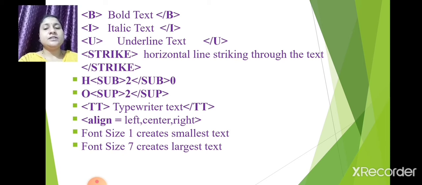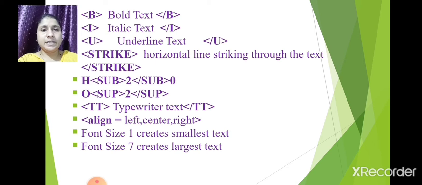Then subscript is used so that the number, word or letter we subscript will come smaller as compared to the other words. Superscript is also the same. Whichever word or letter we are going to give a superscript, that word or letter will become smaller as compared to the other text.